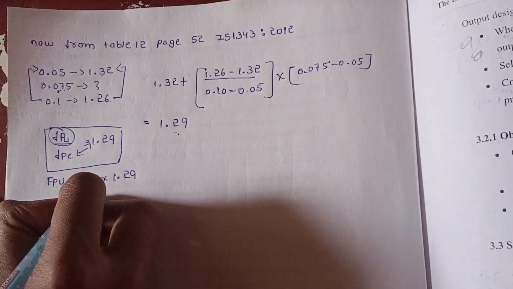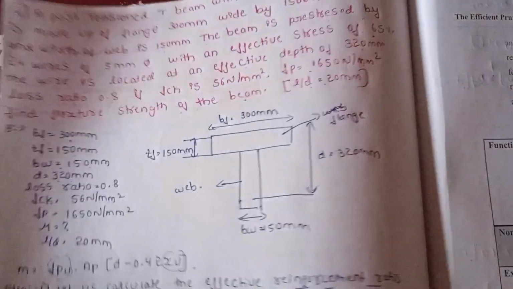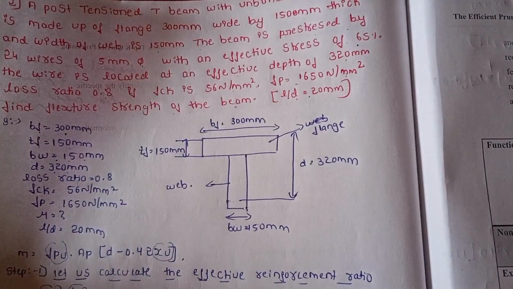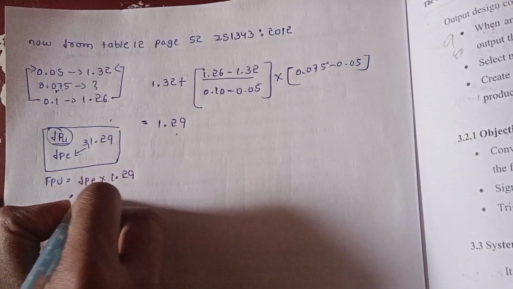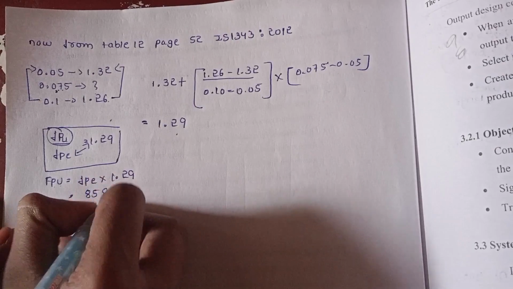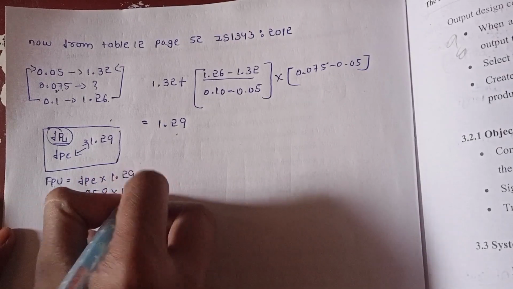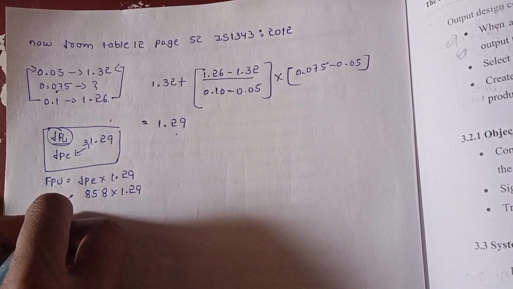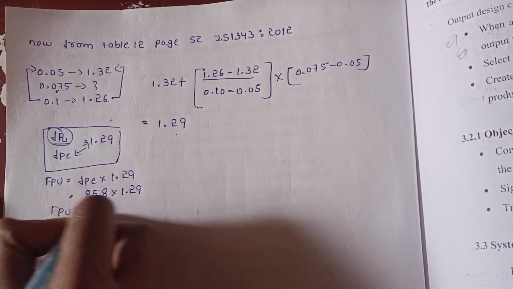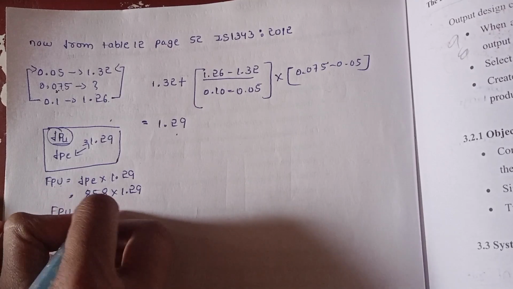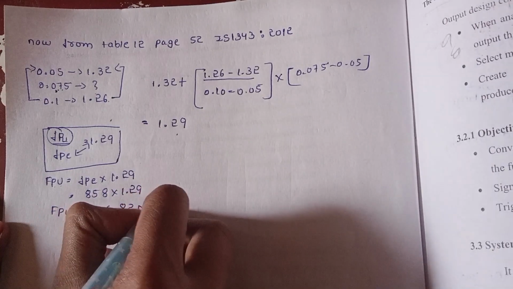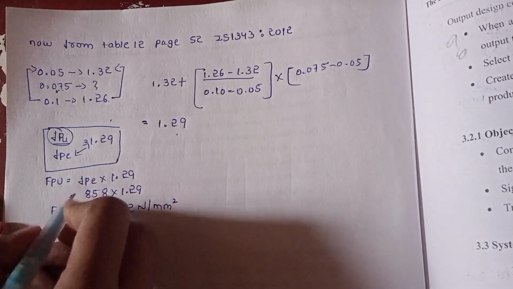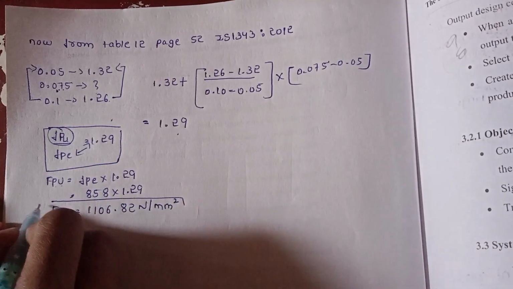The FPE value is 858, so 858 into 1.29. Now we got the answer as 1106.82 Newton per mm square. This is the FPU value.